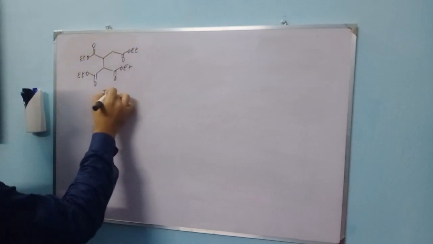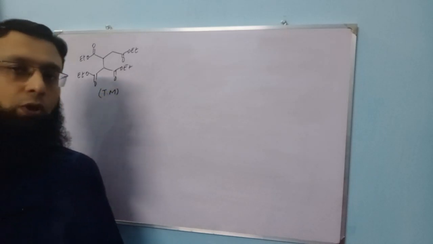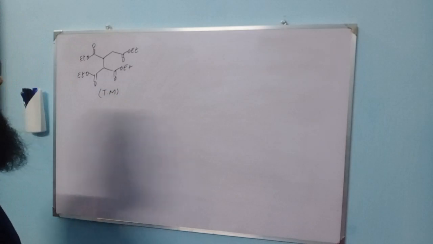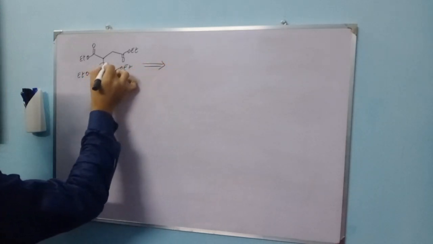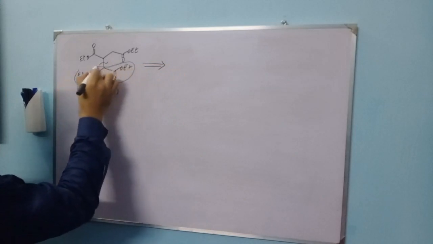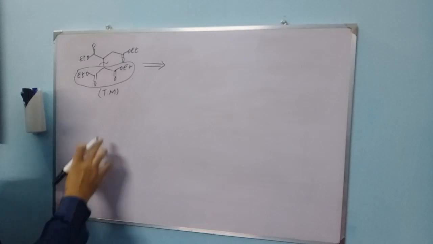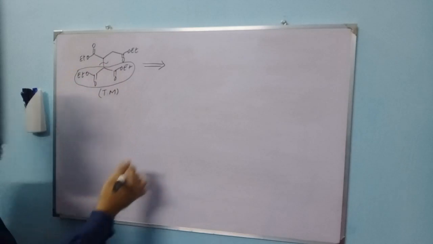This is another target molecule, and here I would like to ask you to stop the video and try it by yourself, and we can also do it. We can disconnect from here because we can identify this functionality. This is a beta diester, diethyl malonate, and whenever this type of functionality is present we can easily disconnect.